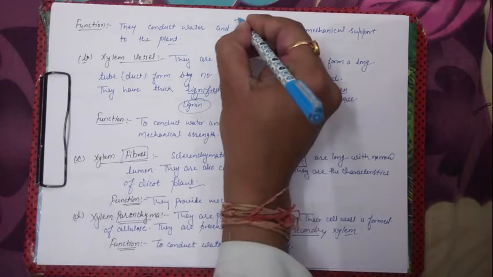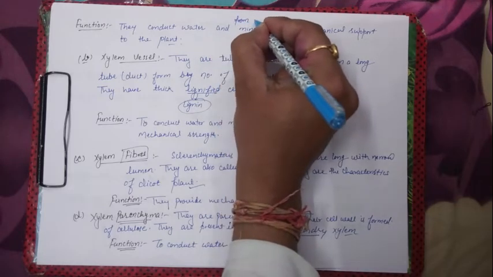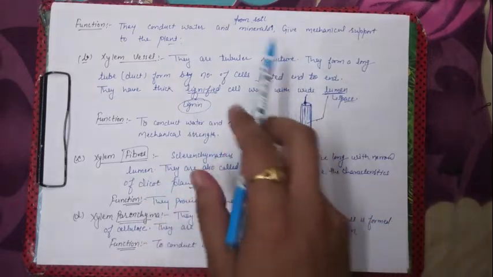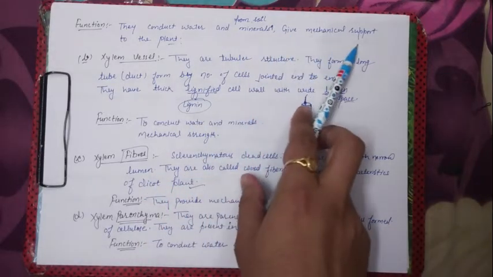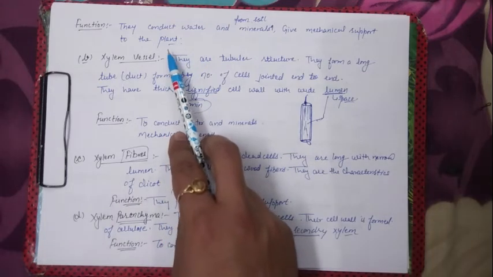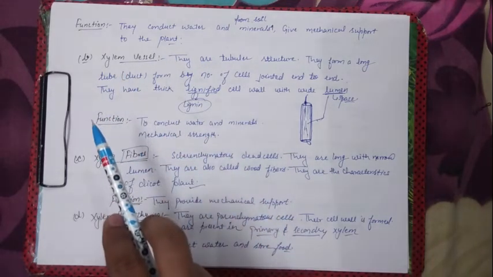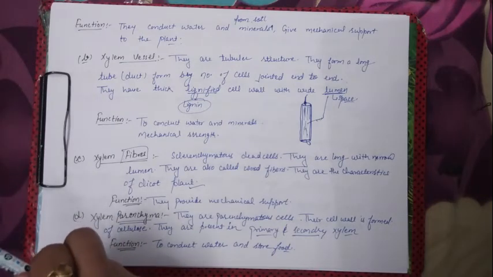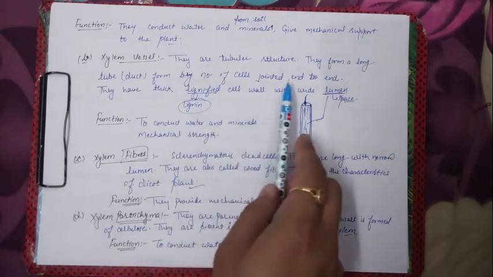Xylem tracheids are dead cells. They are like long tubes placed one over the other, joined end to end. Their functions are they conduct water and minerals from soil and give mechanical support to the plant. Xylem vessels are tubular structures. They form a long tube formed by a number of cells joined end to end.